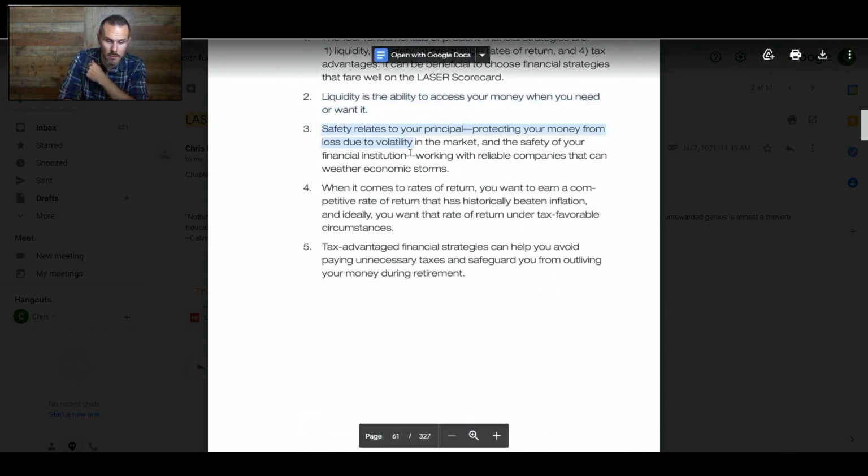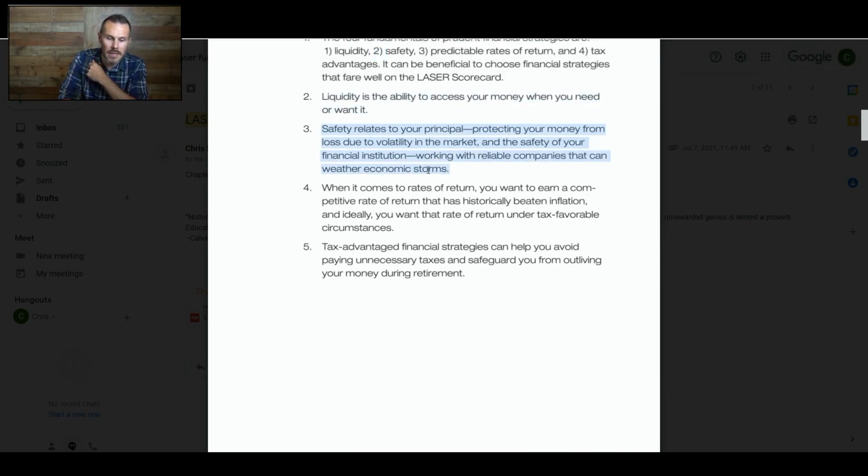Safety relates to your principal, protecting your money from loss due to volatility in the market, and the safety of your financial institution, working with reliable companies that can weather economic storms. Yep, working with great companies is important, but that doesn't mean your money's safe, because companies are shifting to selling more index universal life because it shifts the burden of risk.